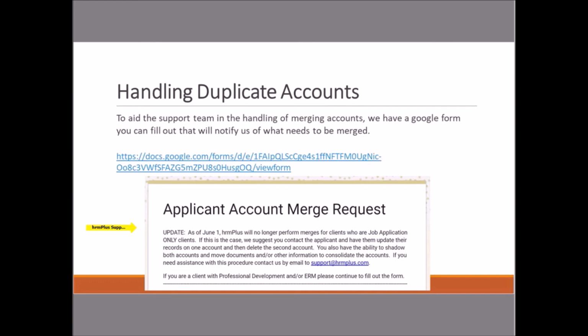Part of this applicant account merge request form is that we ask you to verify and print to a PDF and save those records, in case something occurs where we've merged the accounts of, say, 2 different people by accident.